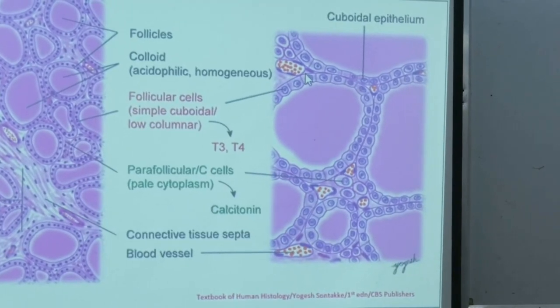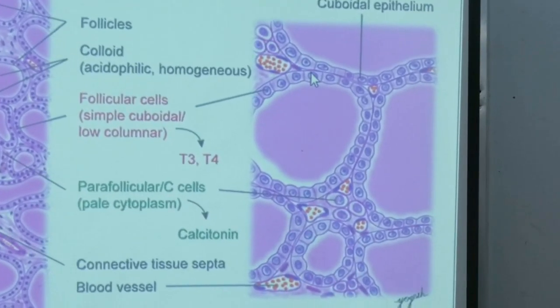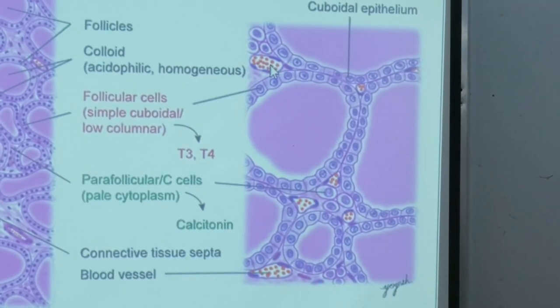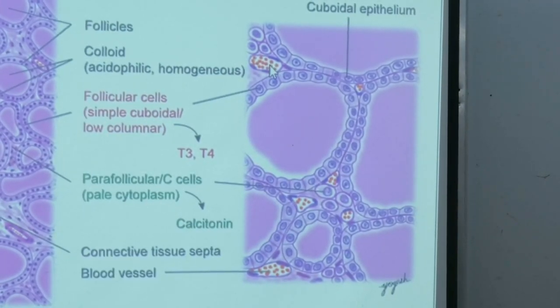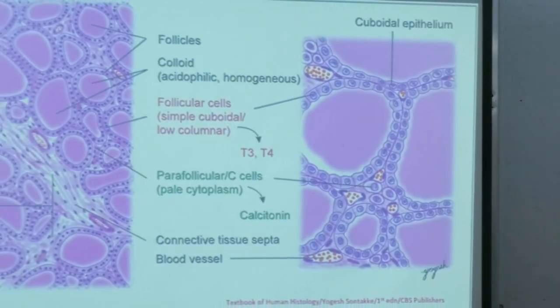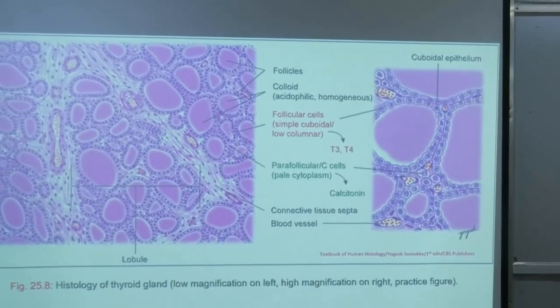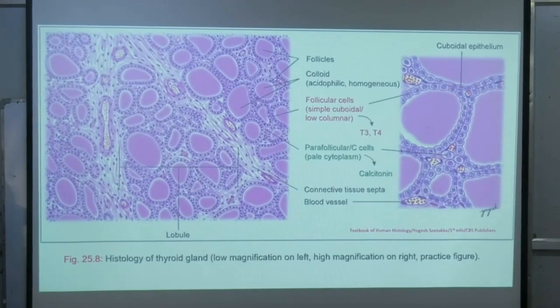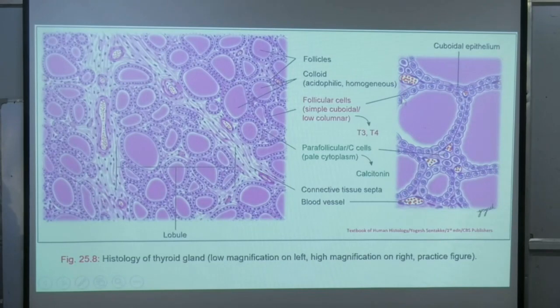Once produced, they are bound to a protein molecule coming with the blood supply, which we call thyroglobulin, and then they liberate these into the blood system, where they act as hormones.